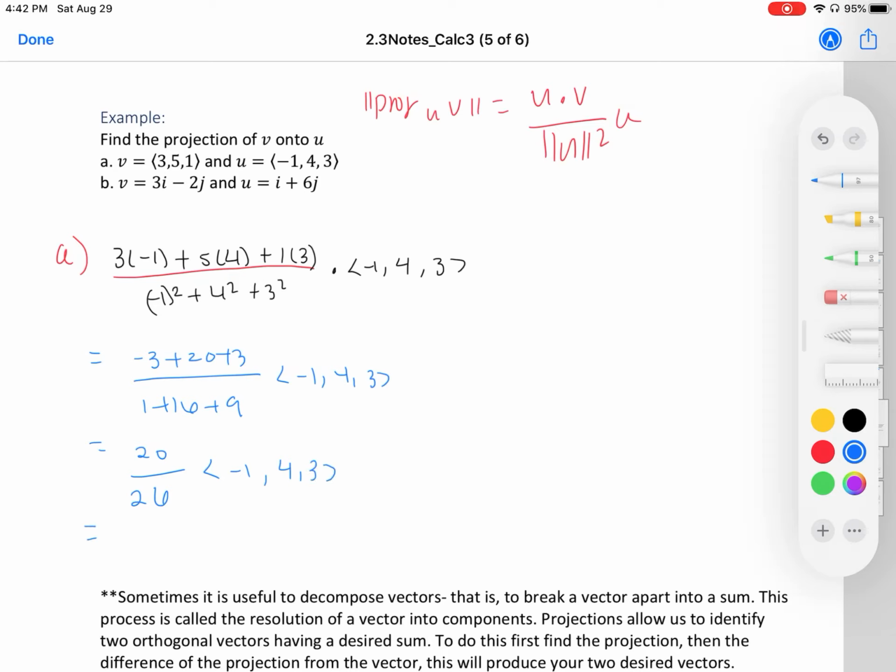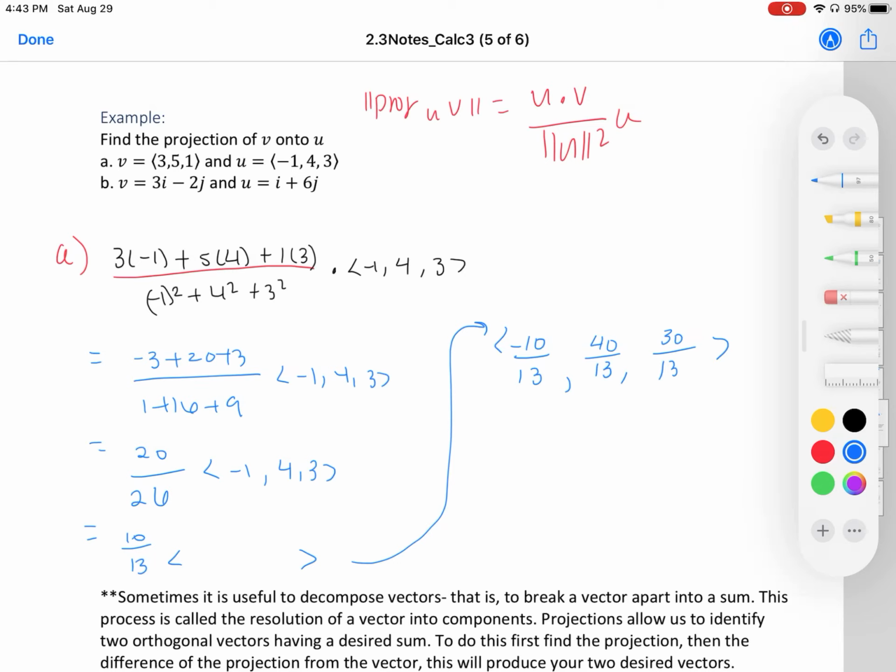Of course, you would have to clean up that fraction, so that would be 10 over 13 times the vector. Once we multiply it in, our answer would be negative 10 over 13, 40 over 13, and 30 over 13.